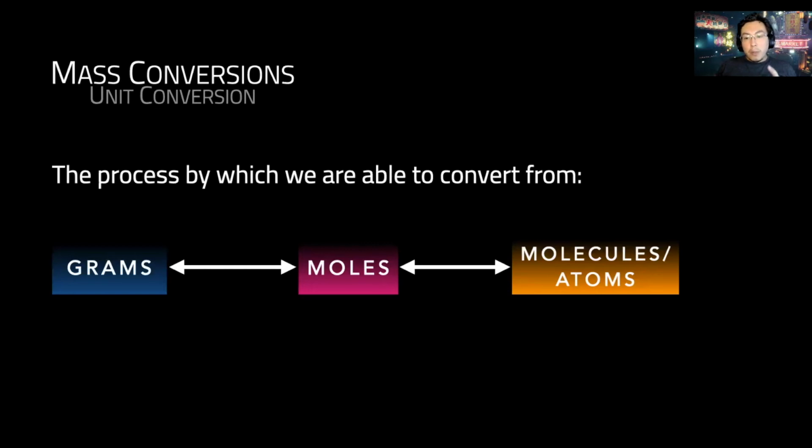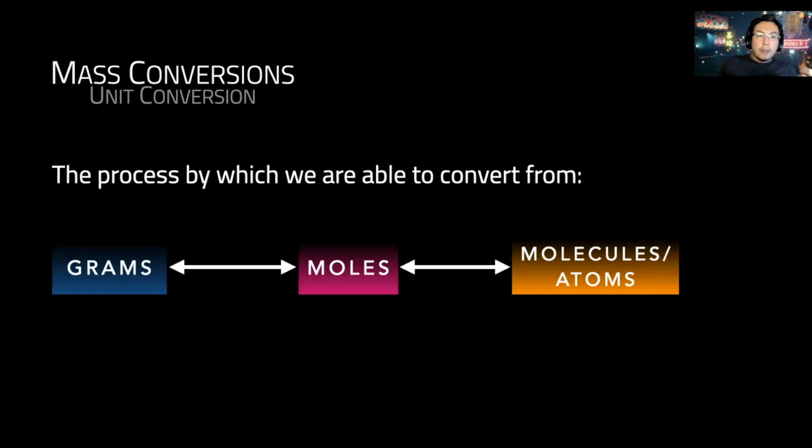Now, when we talk about molecules, we may also mention this as atoms. The conversion would be exactly the same if we're referring to molecules or atoms. But it's not going to be the same if we say moles versus molecules. Those are two different entities, two different personalities.